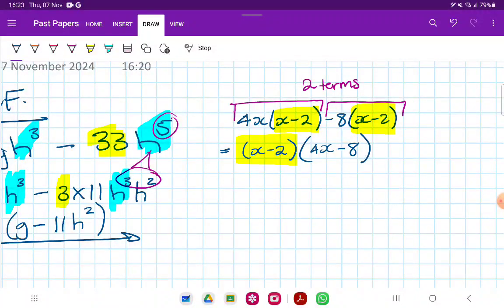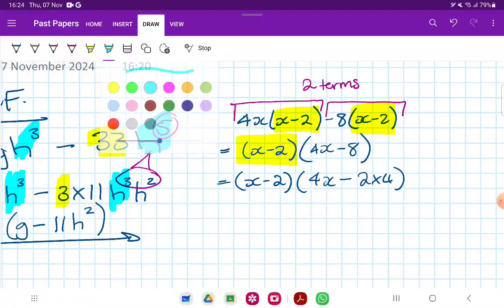Now I'm going to pose the question to you. Do you think we are finished? You'd be tempted to say yes, but the fact that I'm asking you that means that I don't think so, right? So this could also be factorized as 4 times x minus 2.